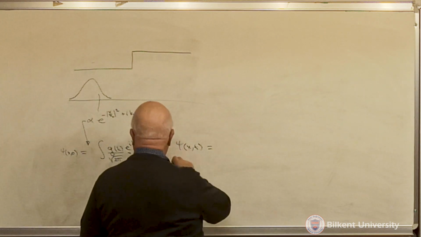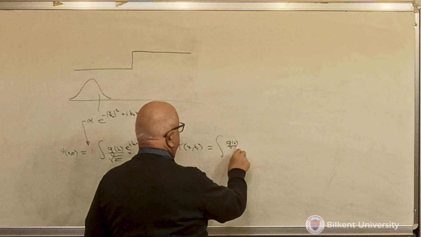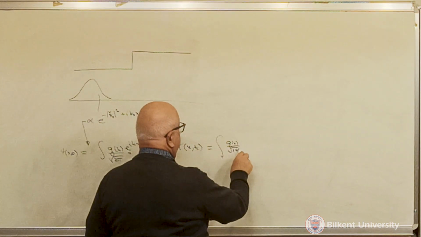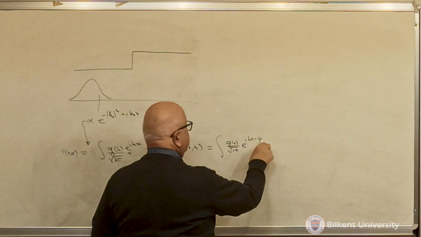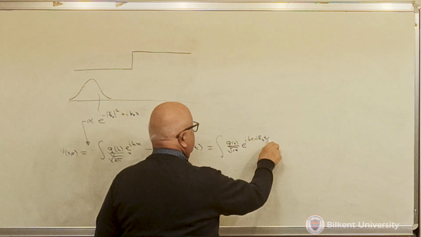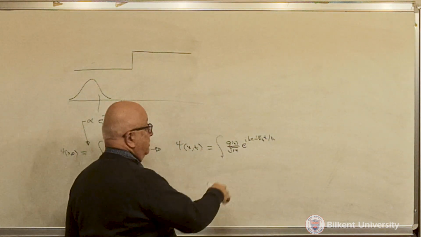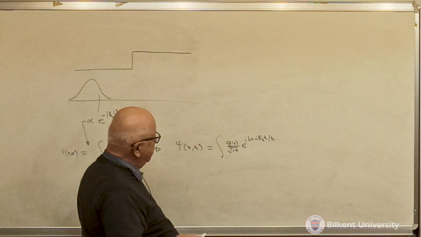I'm going to get this object moving, g of k over 2 pi e to the i kx minus i E_k t over h bar. That's the motion of the wave that's moving towards the right.